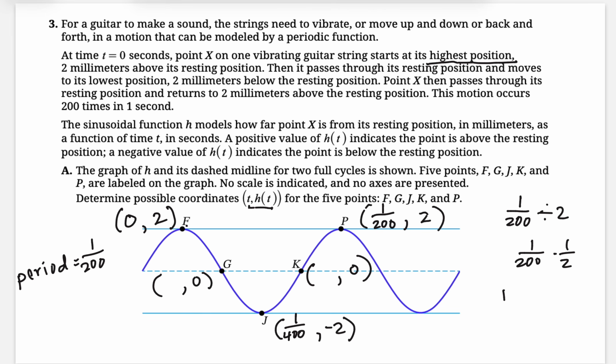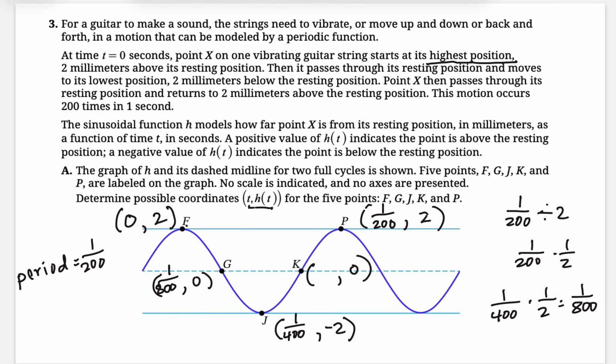Same idea, 1/400th multiplied by 1/2 is going to give me 1/800th. So point G is at 1/800th.